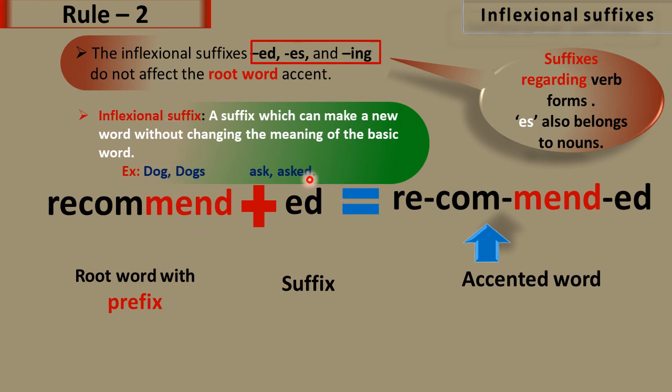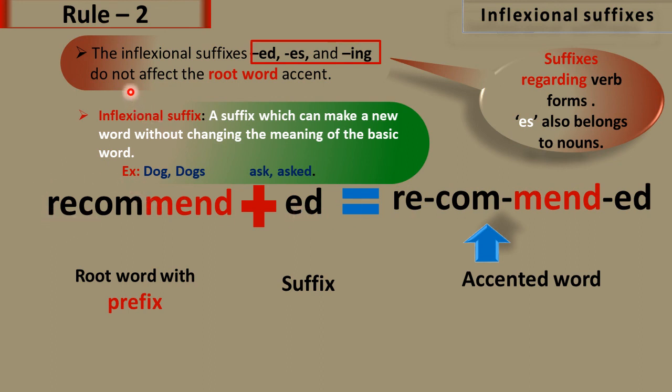By adding this ed, an inflectional suffix, we can form recommended, but this recommended is an accented word. Where is the accent, where is the stress? See here the highlighted word mend, which is in red color, and this mend is accented or stressed, but not ed, and not the prefixes.